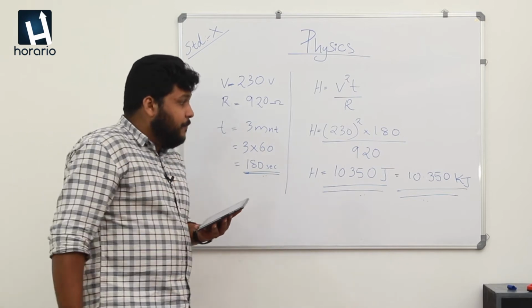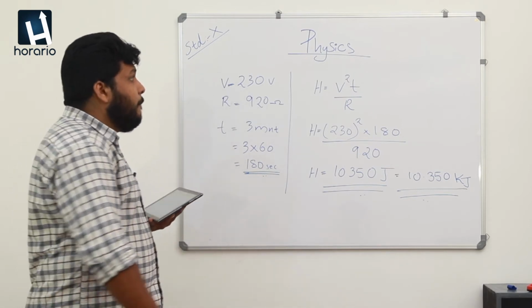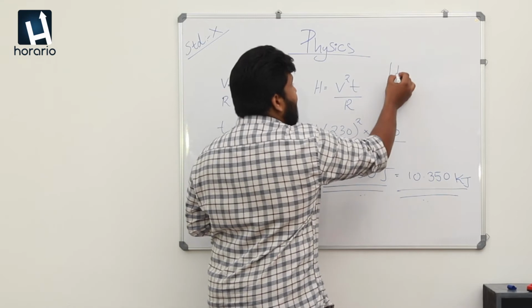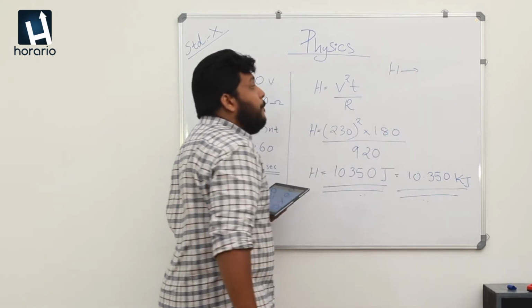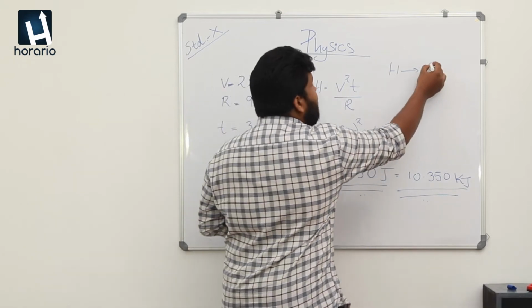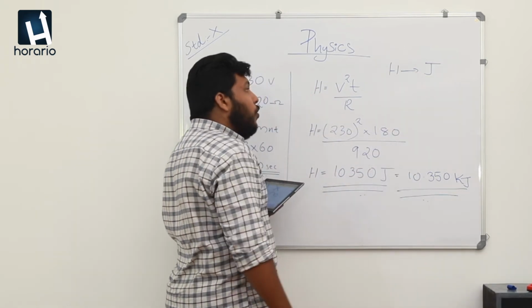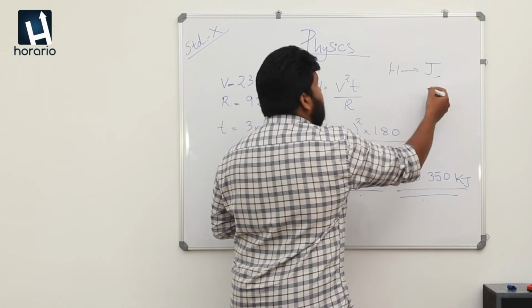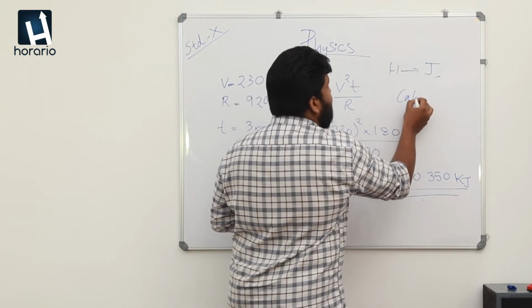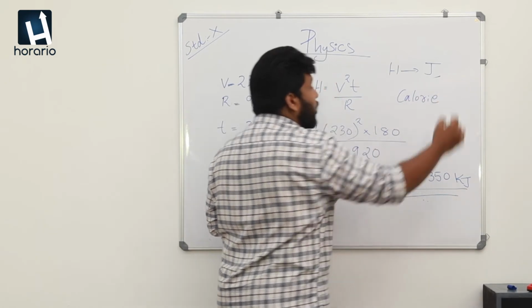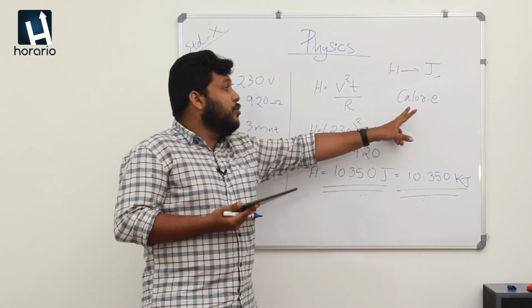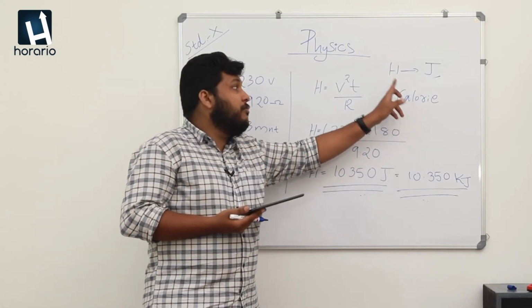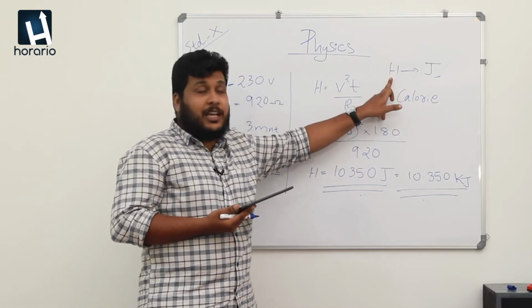In this session, they are also saying that the heat energy H is measured in unit joule. Also, we can use another unit which is known as calorie. We can also use the unit calorie for measuring heat energy.